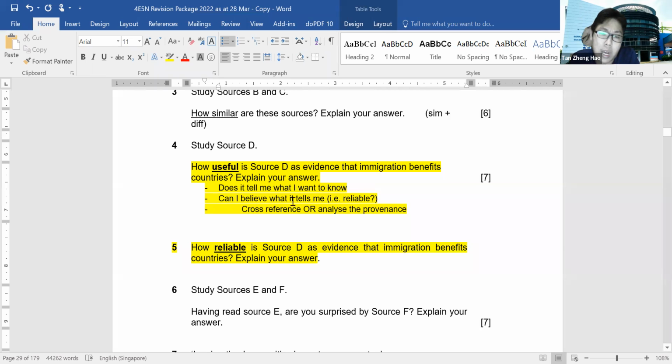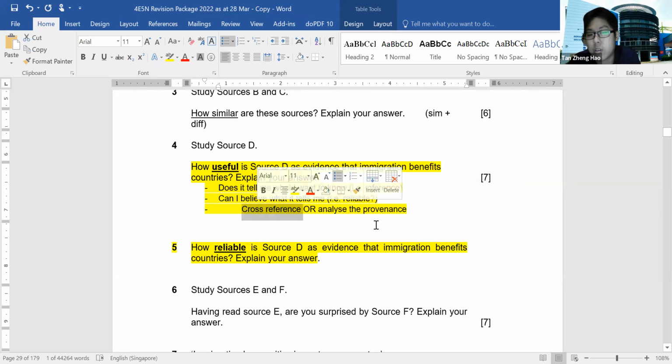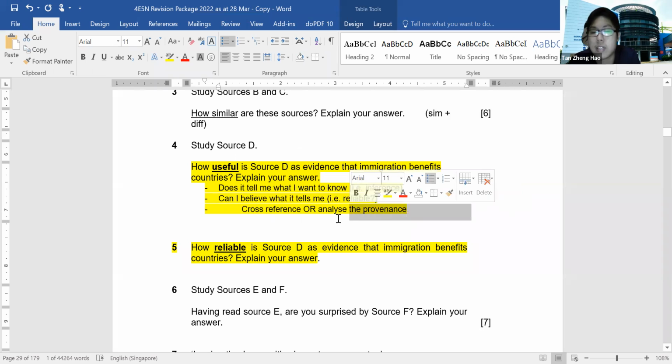I'm going to show you how I can do both later. So the first step is quite common: does it tell me what I want to know? Basically, this is like a normal inference-style question, and then you analyze whether it's reliable or not using either cross-reference or analyzing the provenance.